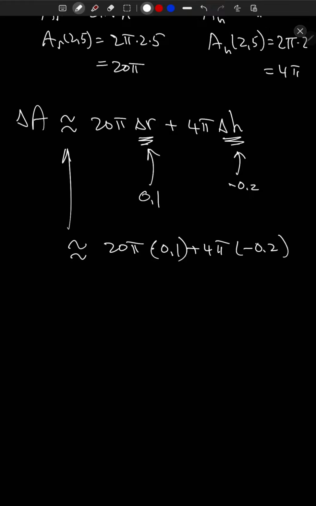All right, so I guess 2 pi minus 8/10 pi, 4/5 pi. Let me write it like that.